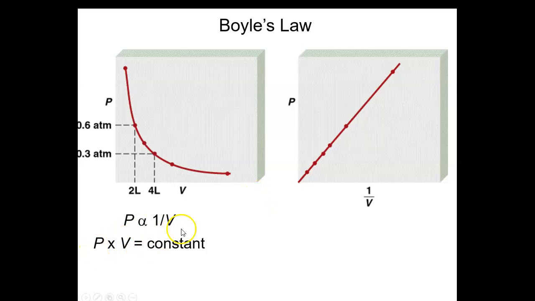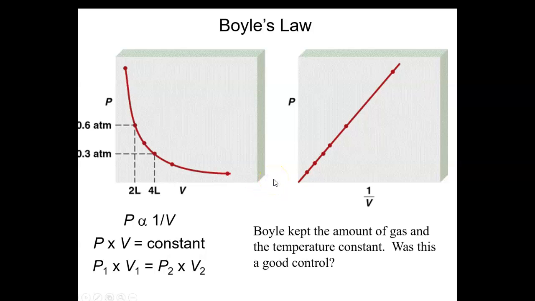Boyle found the pressure times the volume of a gas is a constant. If we would take any 2 points on this line, then we would see that P1 times V1 here is equal to P2 times V2, for instance, here or here. And that is the useful mathematical expression for Boyle's law.